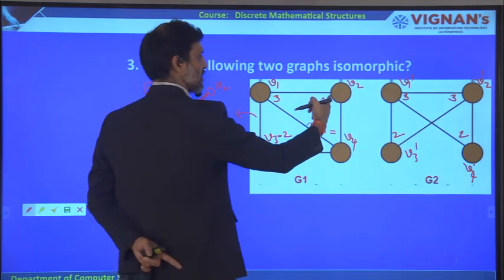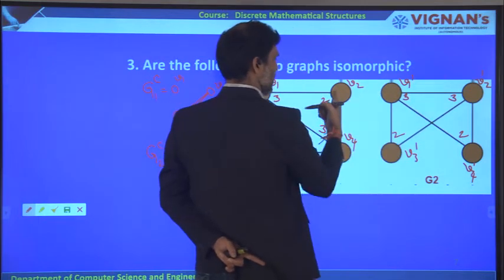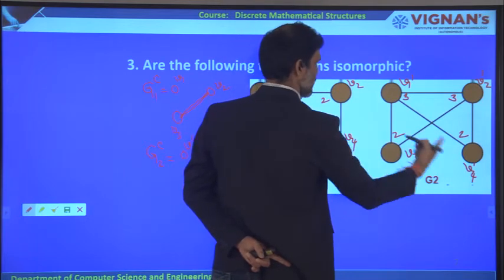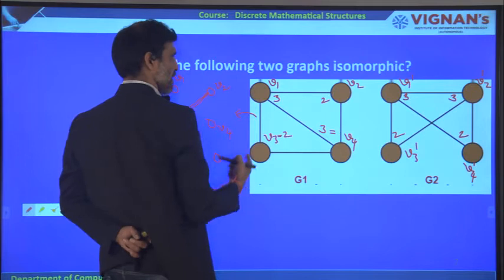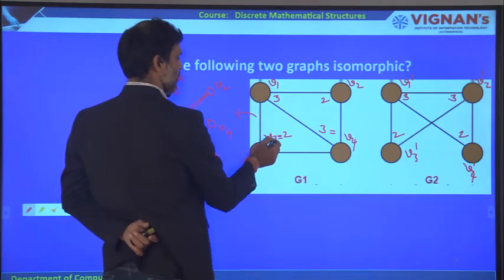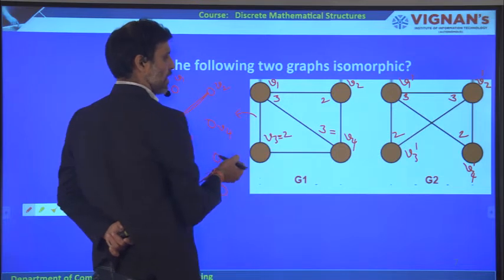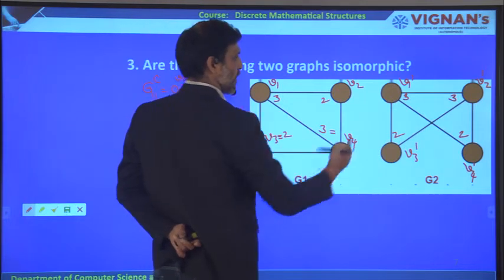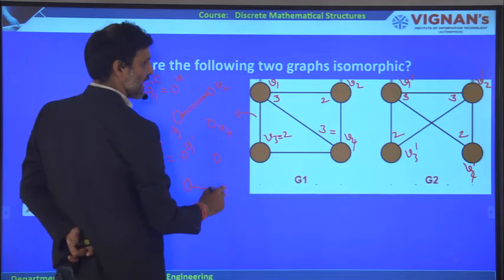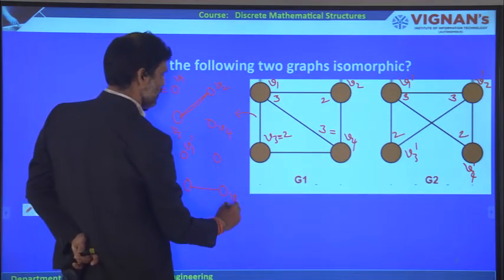So these two vertices are not the same, but they are given like that. You cannot think that here V2 is equal to V2 dash, because you can take V2 with either V3 or V4, but you need to check how they are connected to each other. So now similarly, how to take V3? V3 is equal to 2 and V4 is equal to 3. So V4 dash, let us take this as V2 dash.